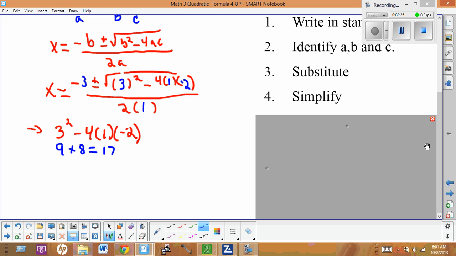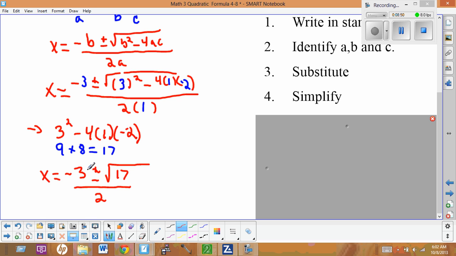Okay, substituting it back in, this is what I'm getting. So I have x is equal to negative 3 plus or minus the square root of 17, all divided by 2.